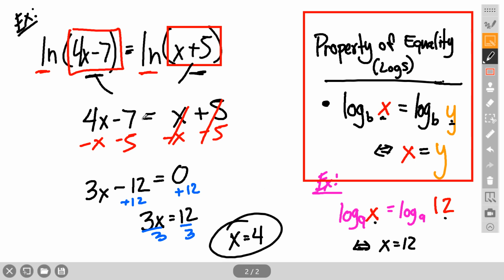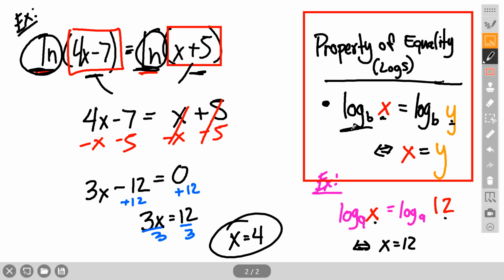Okay, so really, did we even have to do anything with these logs here? No, we did nothing with them. It barely even solves like a log equation because we didn't have to do anything with these logs. Now, one thing to keep in mind though, which we'll see tomorrow, is that this only works if both sides have the same logs.